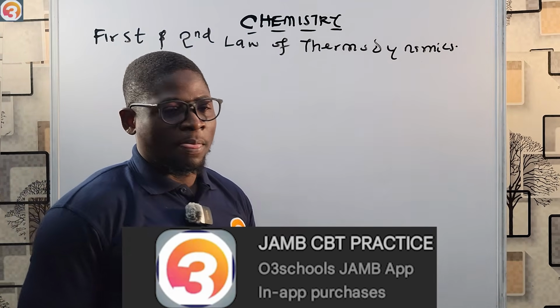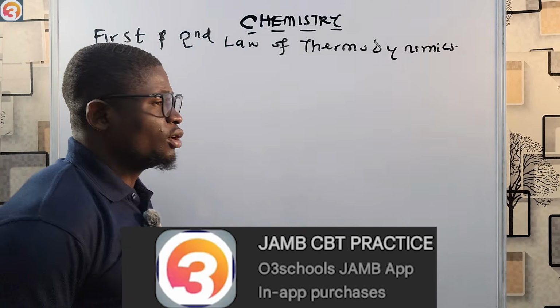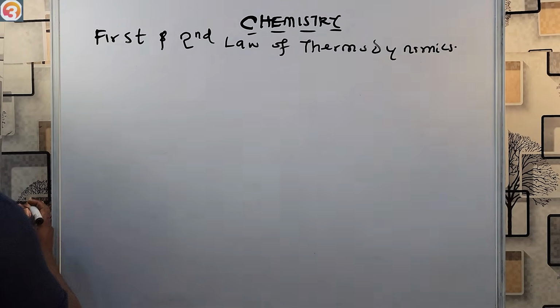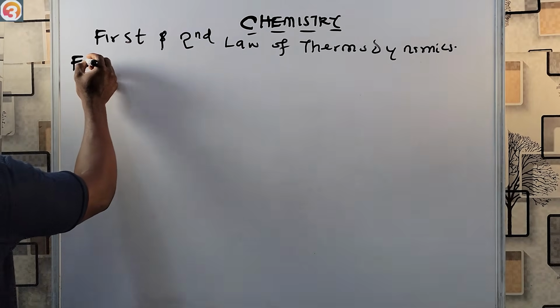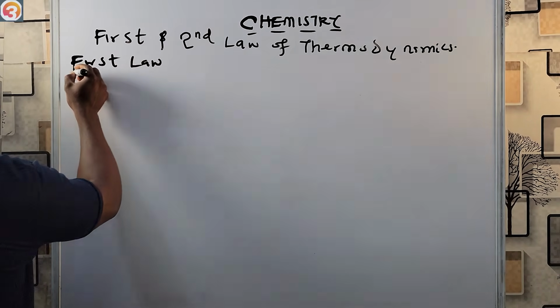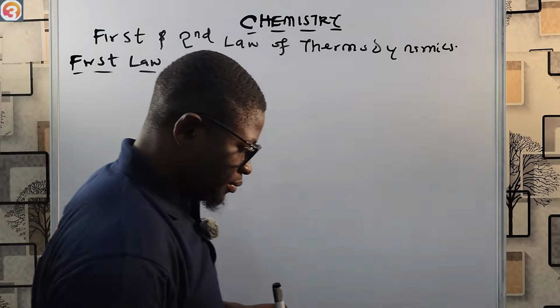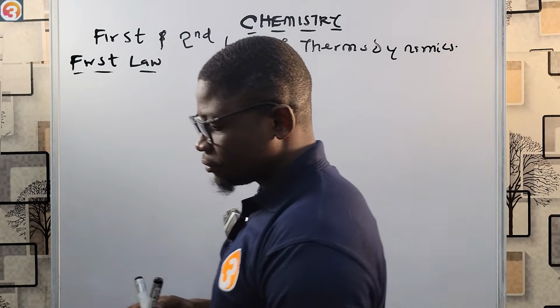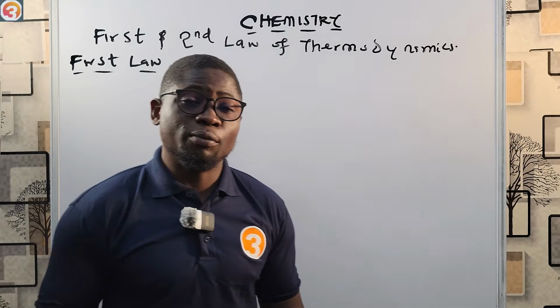Let's begin with this. So now, the first and second law of thermodynamics, and of course, we're going to start with the first law. The first law states that energy can neither be created nor destroyed, but can be transformed from one form to the other.